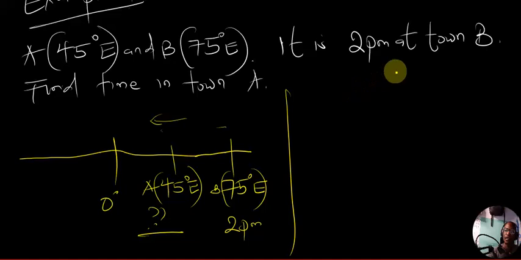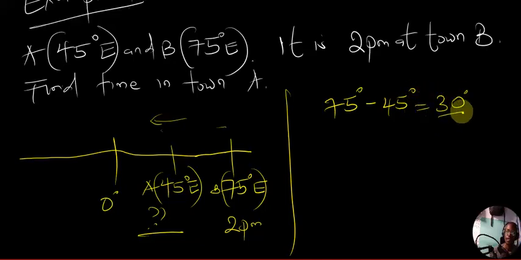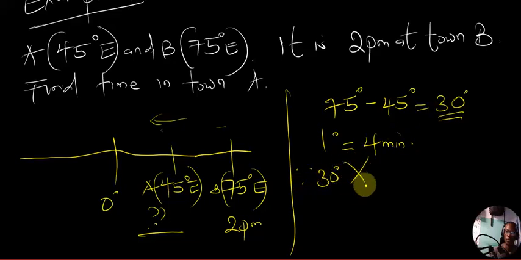So we start by finding the difference in degrees. Since they're on the same side, we subtract: 75 degrees minus 45 degrees, which is 30 degrees. That is the difference. Then 1 degree is equal to 4 minutes. What about the 30 degrees? Cross multiply.